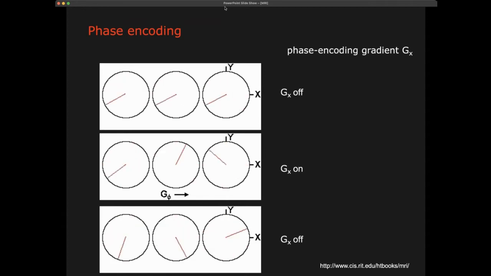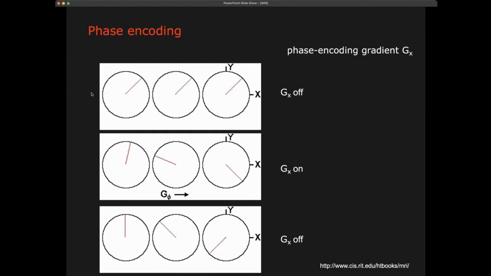And so we're going to do that again by using different magnetic fields. So if we look at 3 different protons at 3 different X positions, so we're now looking in the XY plane, they're rotating in the XY plane after the 90-degree pulse. If I now add a magnetic field gradient, so while they're rotating, I change the magnetic field in the direction of the X direction.